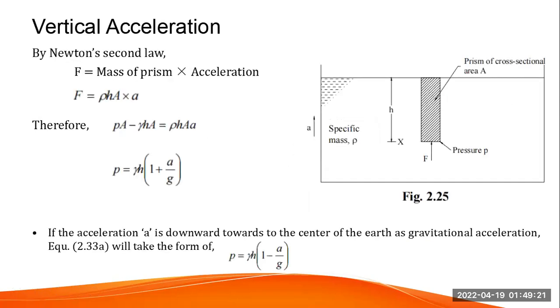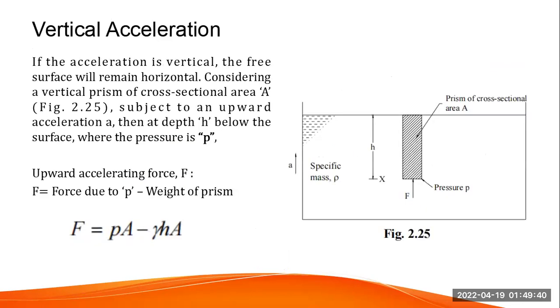So, by the Newton's second law, yung ating force equals to the mass of the prism times yung acceleration, or rho times height times the area, and then lastly times sa ating acceleration. So therefore, equate lang natin siya sa previous slide, which is yung ating F is equals to yung force due to pressure, so pressure times area, minus weight ng ating prism, so gamma times height times area.